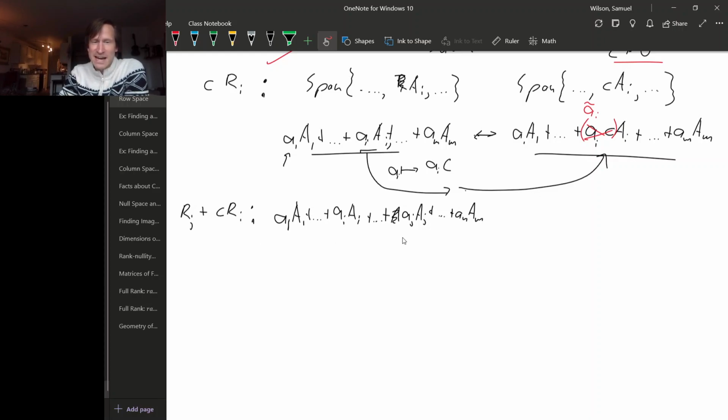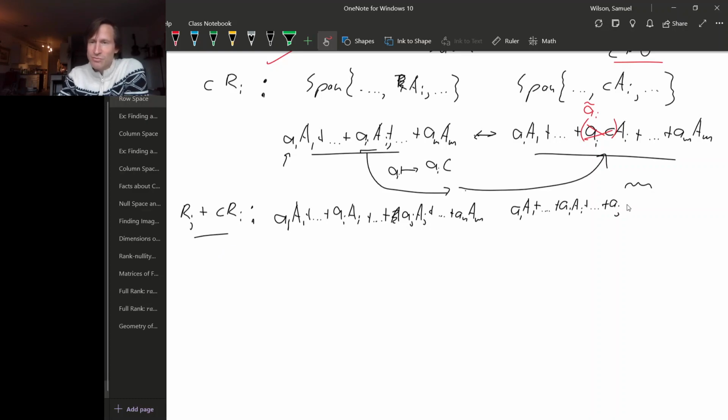After this row operation, we get a1 row 1 plus so on, and then row i actually isn't changing, so it's still ai row i, and then plus aj, and then here we have to put the jth row after we do this row operation.